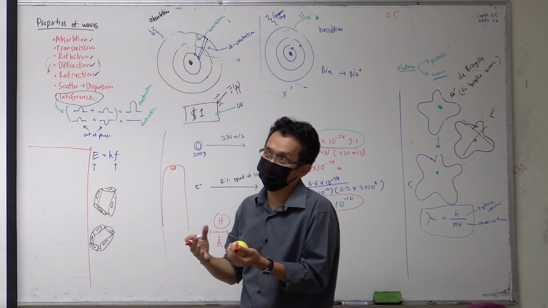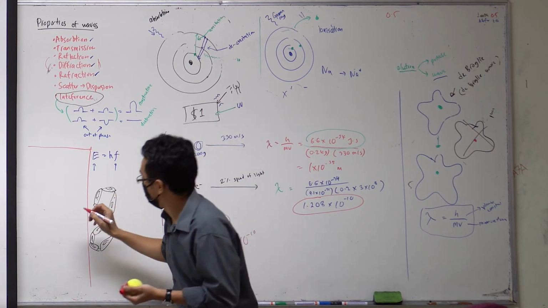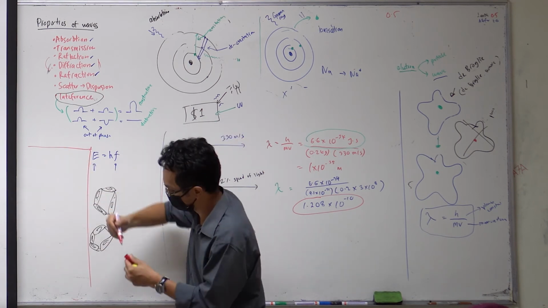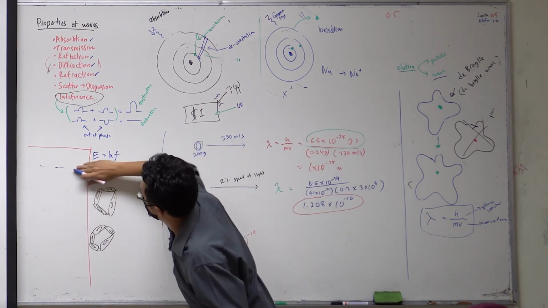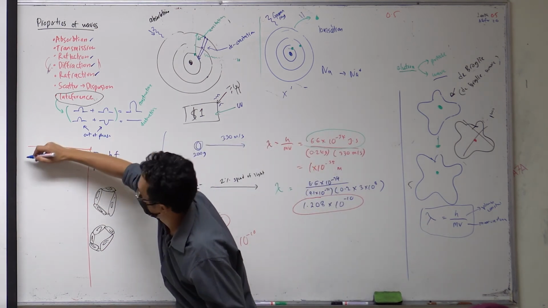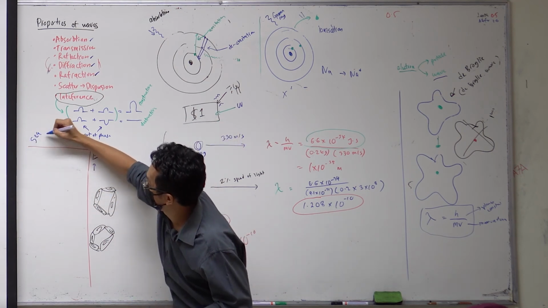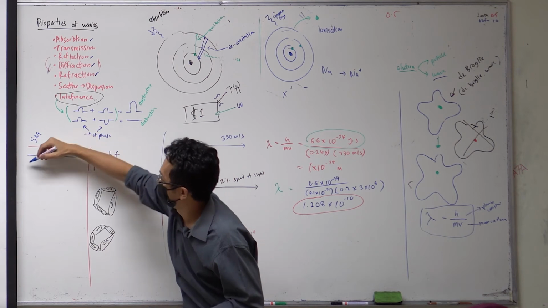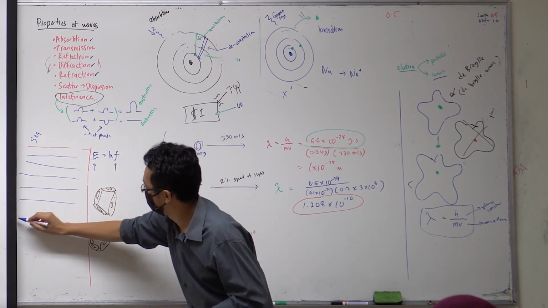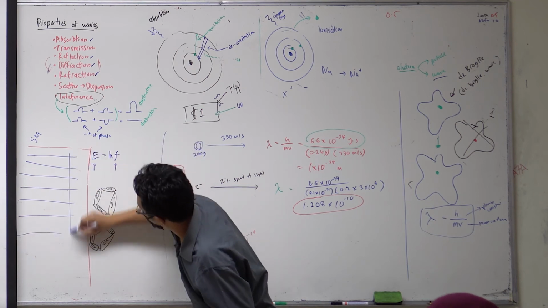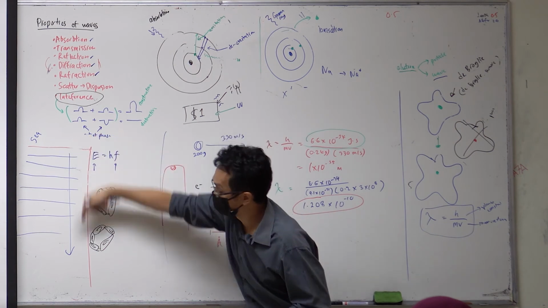Let's say this is the sea. Let's say you have a ripple here going down, the sea ripple going down.